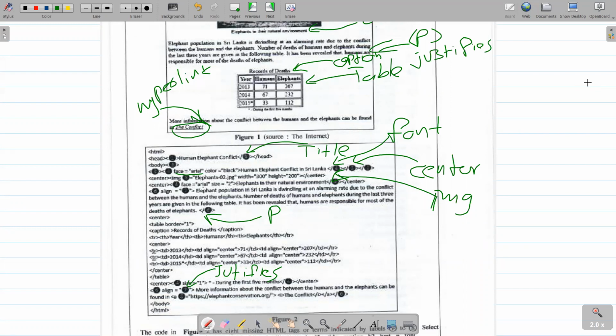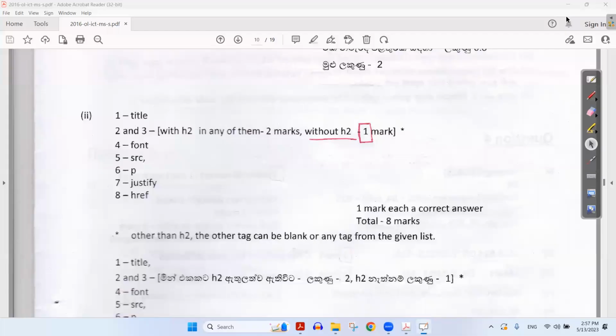IMG. Yeah, we only see this. This is SRC, yes. Right, so see how much you got correctly. So this is 8 marks for that.